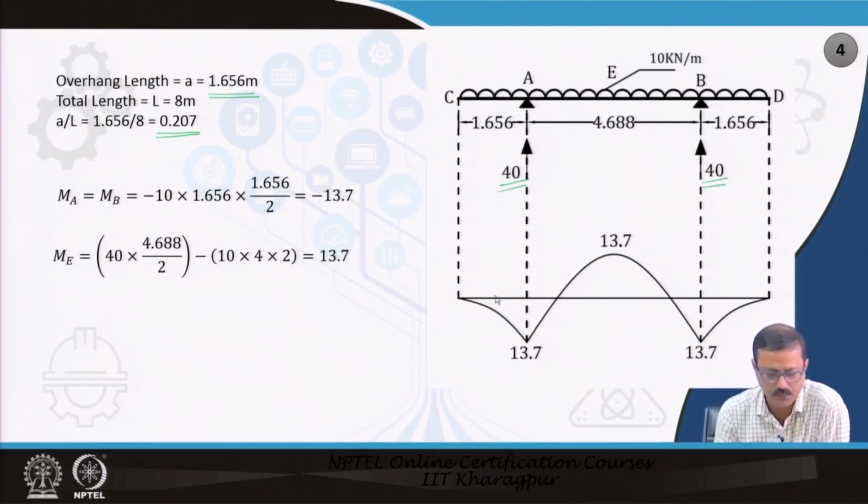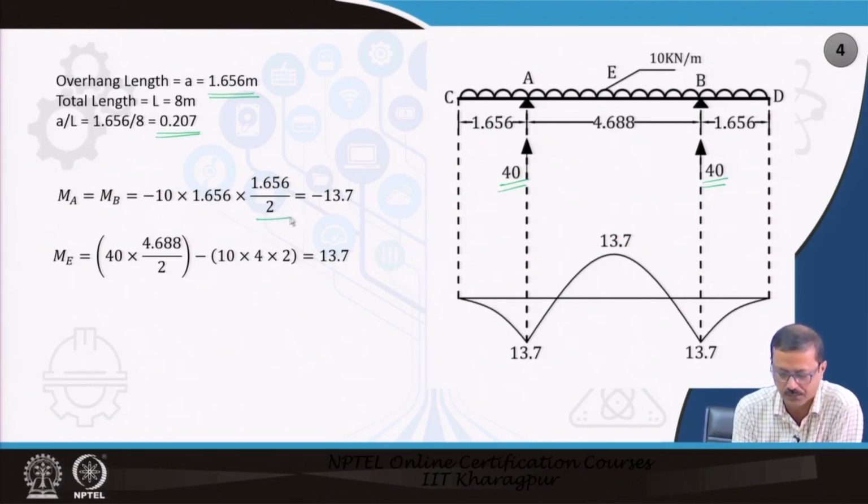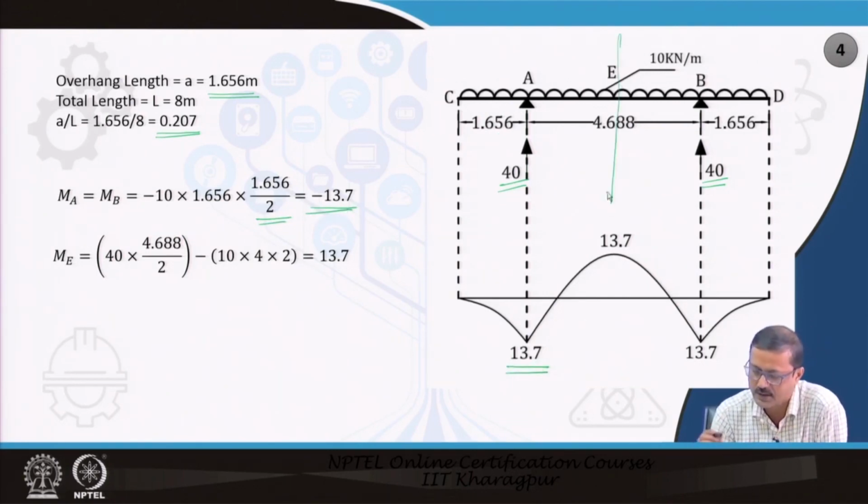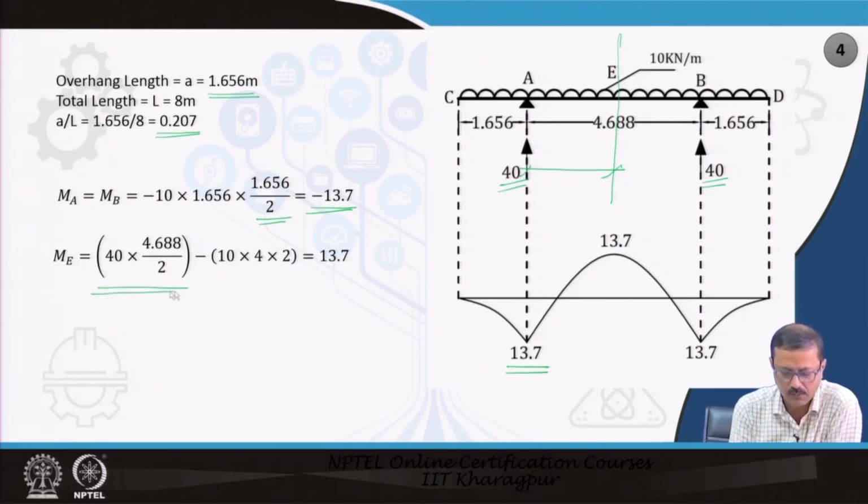So, at this particular point MA and MB, it is 10 into 1.656 into 1.656 by 2, that means minus 13.7, and at the central section, this is 40 into 4.688 by 2 minus 10 into 4 into 2, that means 13.7.